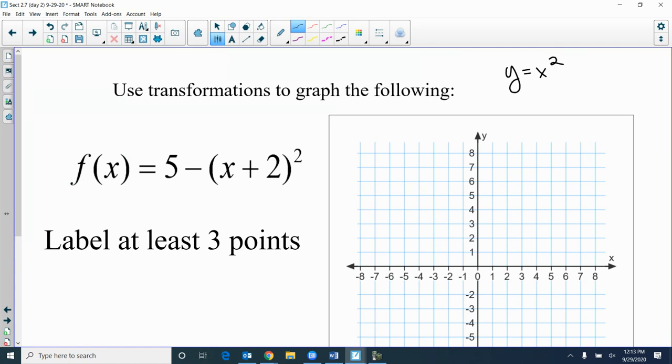Now it says label at least 3 points, label being listing the coordinates of the points. Now don't list the coordinates of the parent function. But let me go ahead and do this: (0, 0), (1, 1), (2, 4), (-1, 1), (-2, 4).